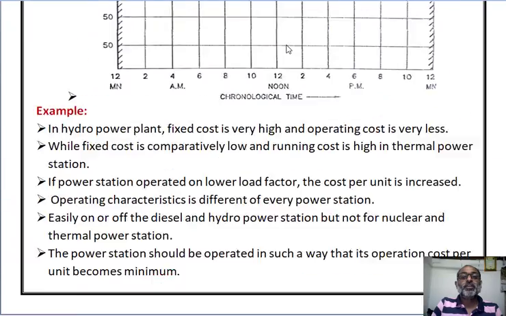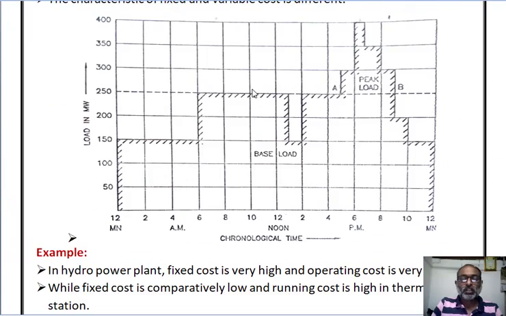So here you can see the combined load curve for the system. You can see the peak load on the power station, that is 400 megawatts, and it is available during only 1 hour.